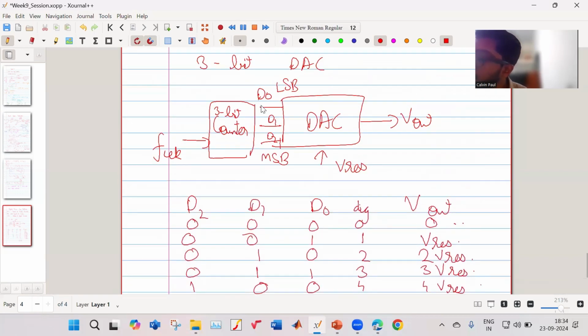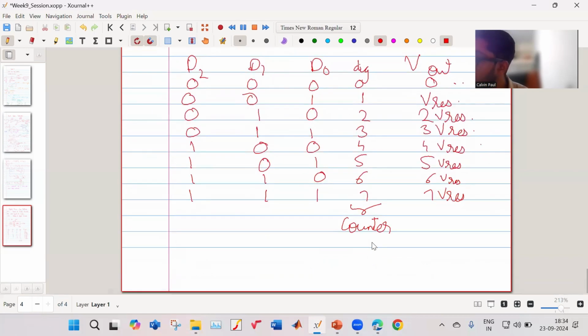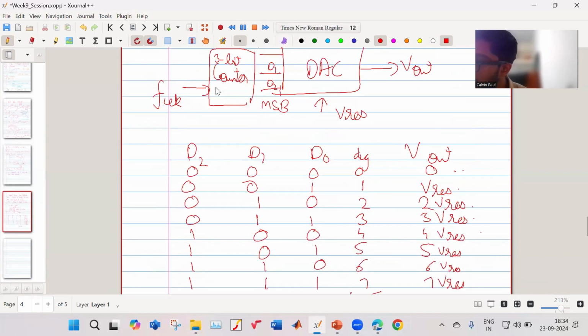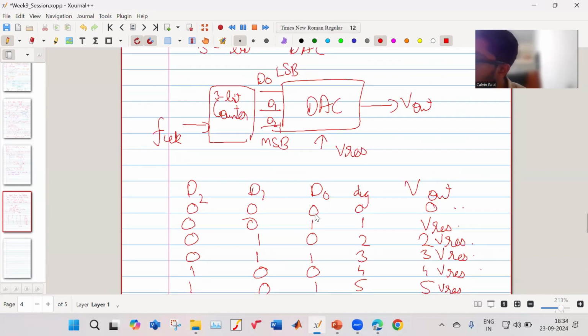When the clock comes, they get incremented accordingly. Initially all are zeros. Then a clock comes, it becomes 1, and this becomes 1 into V resolution. The next clock comes, it becomes 0, 1, 0, which is 2, and 2 into V resolution.